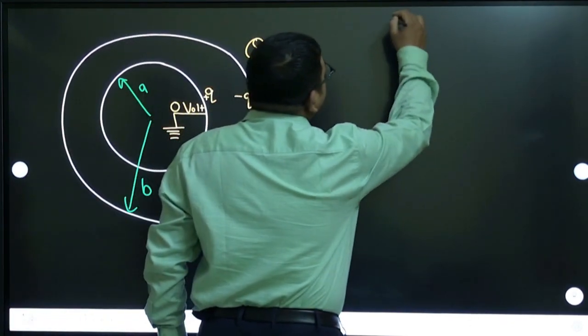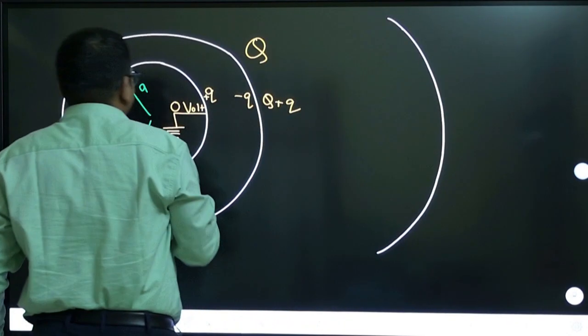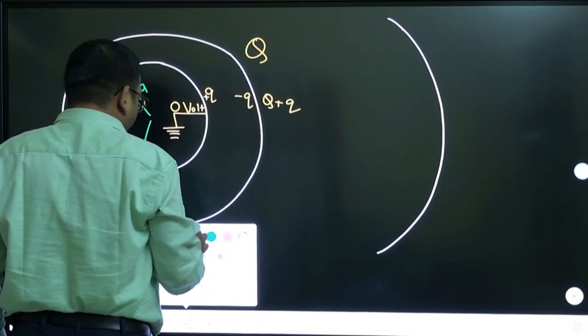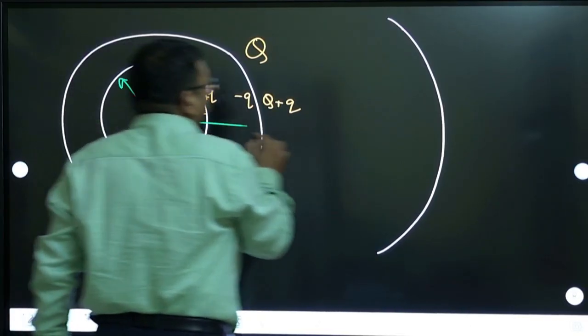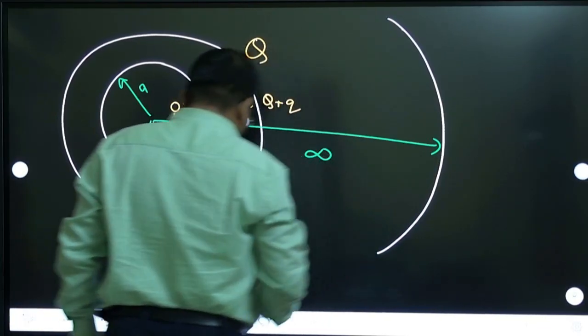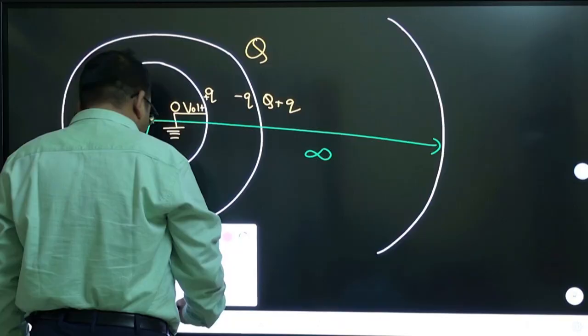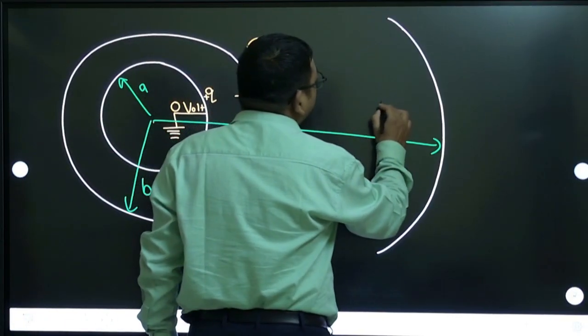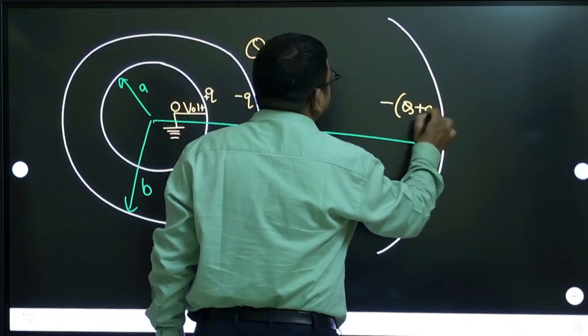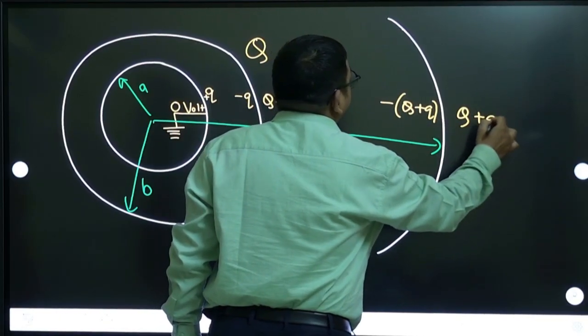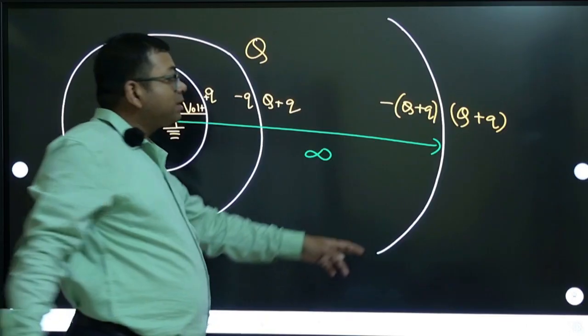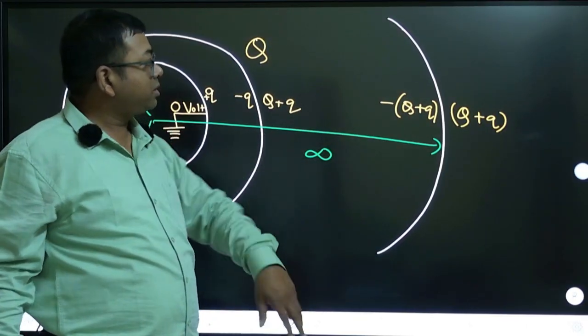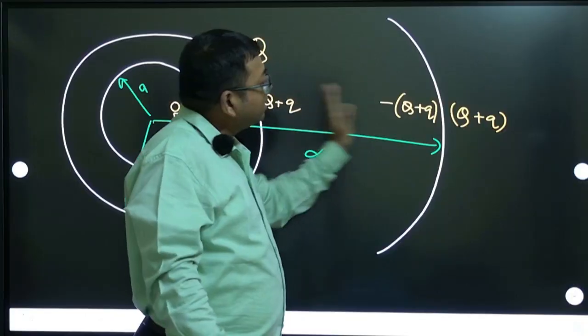Suppose you are taking a sphere of infinite radius. So you can also now consider the effect of induction here. Opposite charges you can induce on this spherical shell which is of infinite radius.